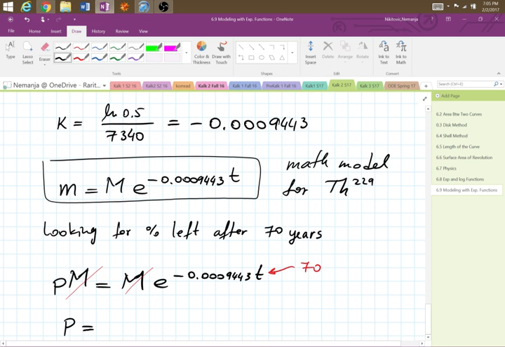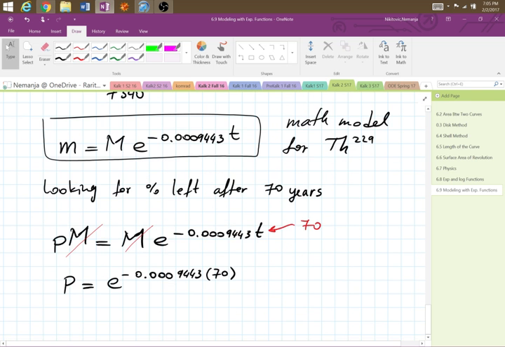So I get that the percent that is left is e to the negative 0.00094443 times 70, which is equal to, so e raised to the open parenthesis answer times 70, 0.936, which translates into 93.6%.